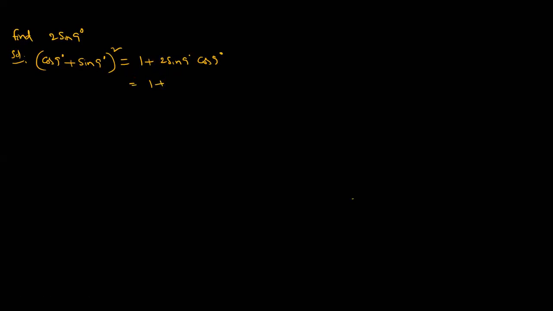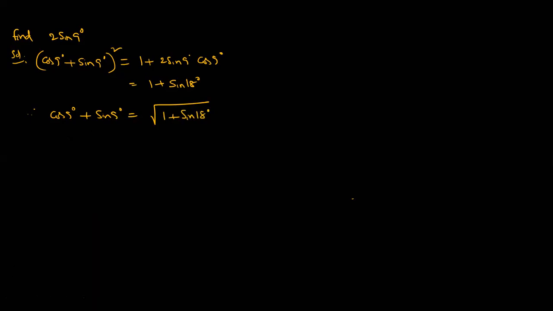See, a square plus b square is how much? 1 plus 2ab. So therefore, cos 9 degrees plus sine 9 degrees is how much, dear students? That is root over 1 plus sine 18 degrees. Fine.